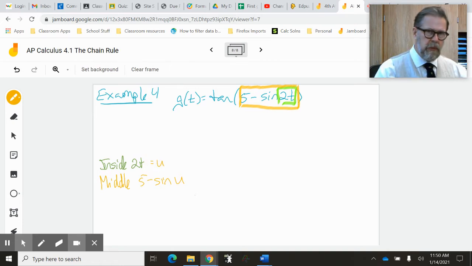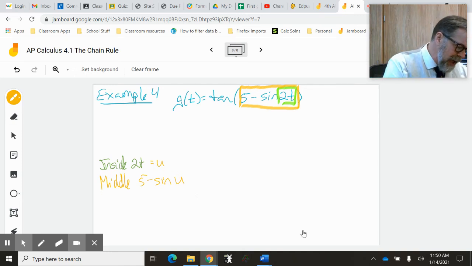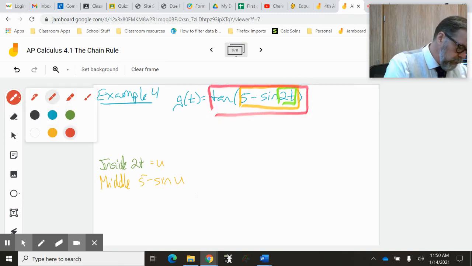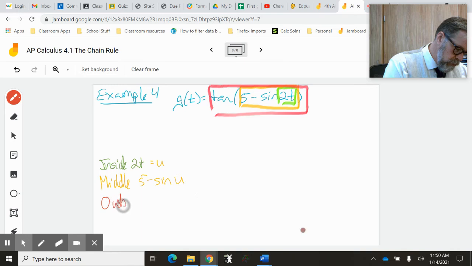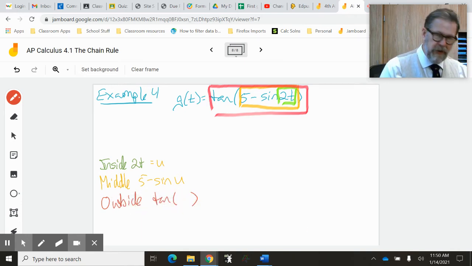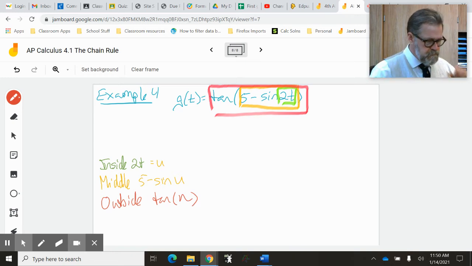We don't have to, but my middle function is 5 minus sine of something. Okay? My outside function is tangent of whatever.